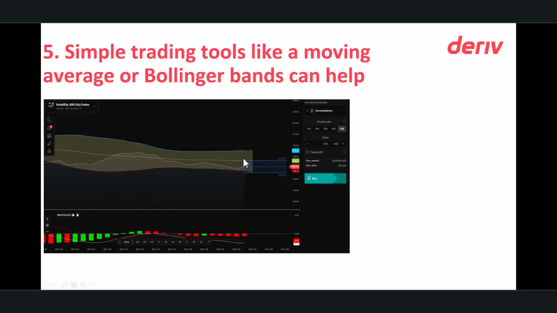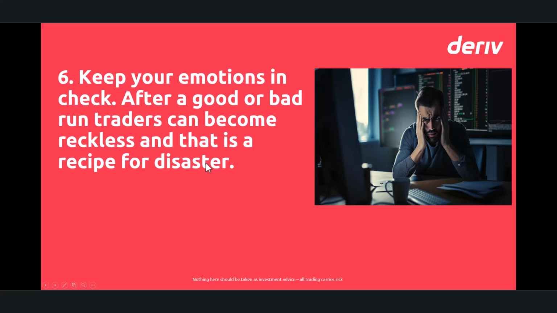I have a previous video where I go into Bollinger Bands a little bit more on accumulators, but there are plenty of tools on here. Accumulators is a new product, so we're still in the very early days of trading systems, and I think there'll be many more things that we haven't discovered yet.